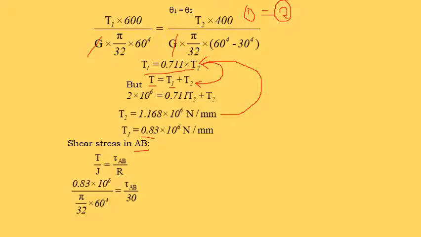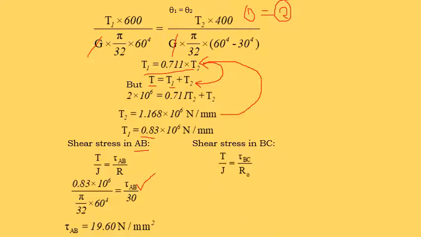Therefore, this is nothing but T1, 0.83 into 10 to the power of 6. J value is polar moment of inertia, pi by 32 into 60 to the power of 4 is equals to tau AB by 30. So we can easily determine tau AB by solving this equation. Tau AB becomes 19.60 Newton per millimeter square.